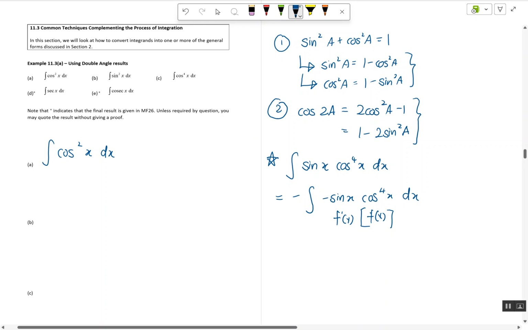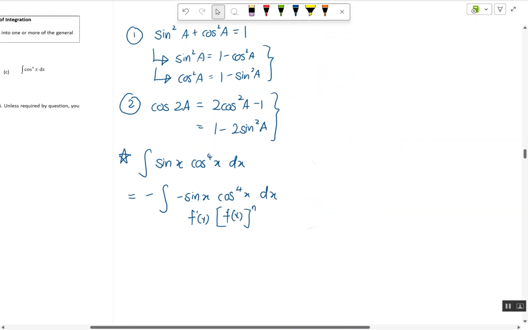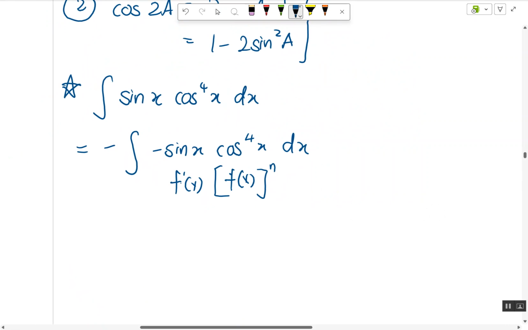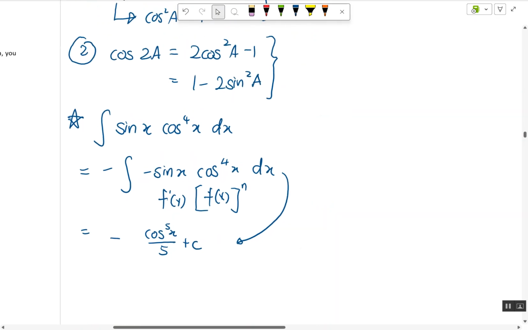If you still don't know what I'm talking about, please go back to video 1. This is the result of differentiating with the chain rule, where the sine x is on the outside because of the differentiation of the inside. And this is just equal to negative cosine to the power of 5x over 5 plus c. If you still don't know how I got from here to here, please go back to review video 1.